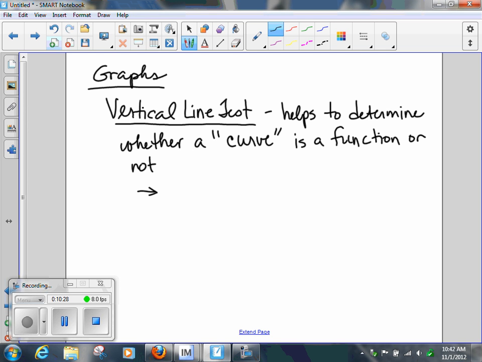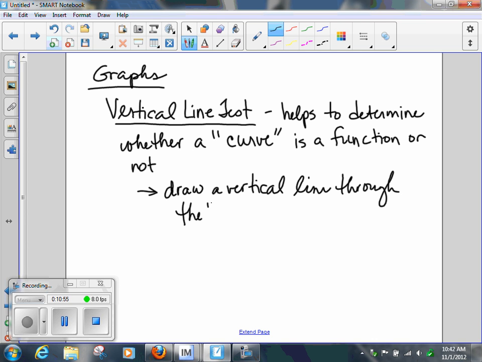So using the vertical line test, what's the rule? How do we use it? What's the rule of thumb? What's that mean, Q? Vertical line, yes. We're going to draw a vertical line through the curve.